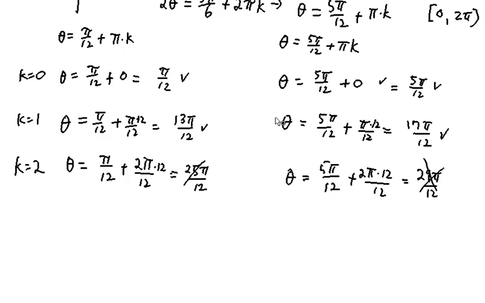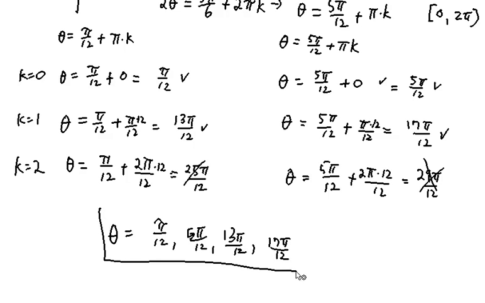So I have 1, 2, 3, 4 places where it's going to hit. My solutions in total are going to be pi over 12, 5 pi over 12, 13 pi over 12, and 17 pi over 12. Okay, so I have 4 answers here.